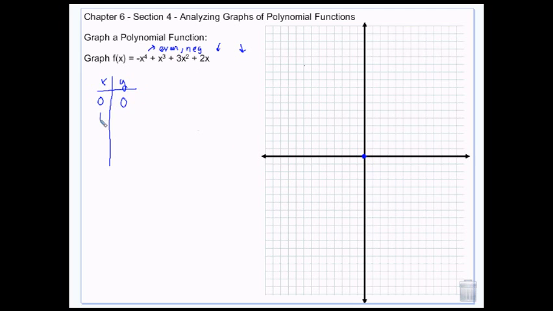Then if I plug in 1 for X, I get negative 1 to the 4th plus 1 to the 3rd plus 3 times 1 squared plus 2 times 1. So this is negative 1 plus 1, that's 0. Then 3 times 1 is 3 plus 2, so it's 5. So 1 is going to give me a 5.